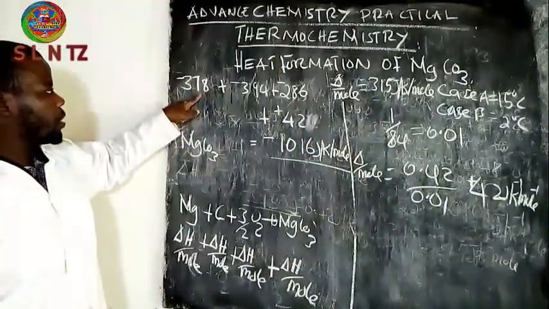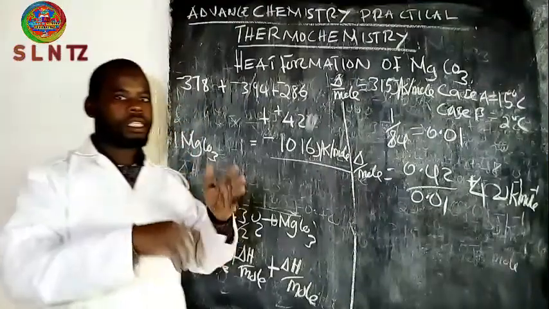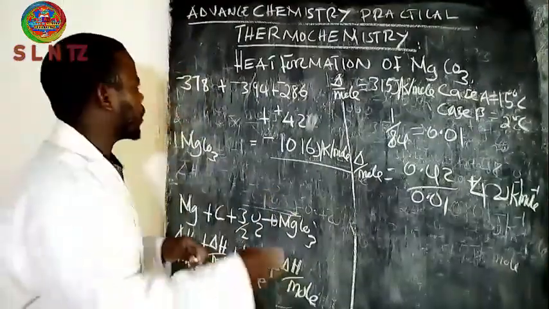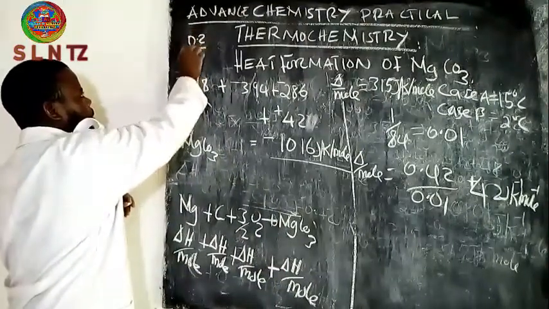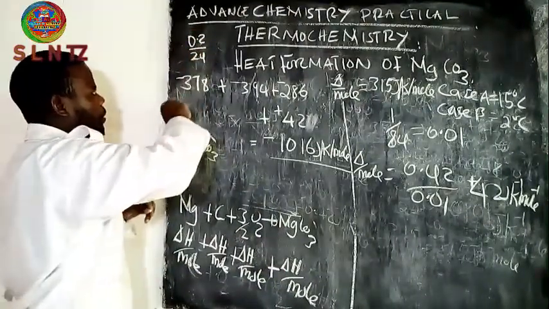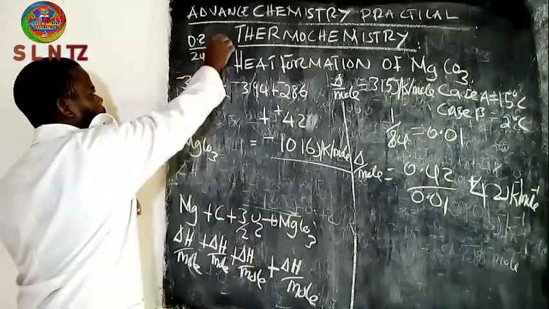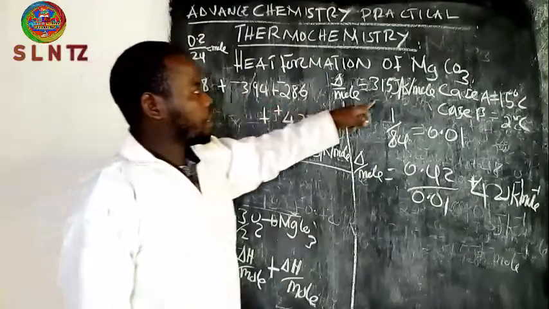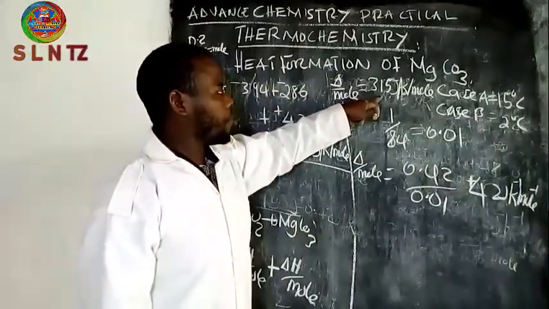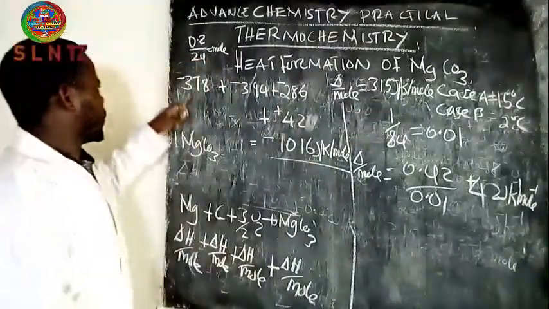This was obtained in the first calculation; there are some errors obtained by taking 0.2 divided by 24. This is the mole.